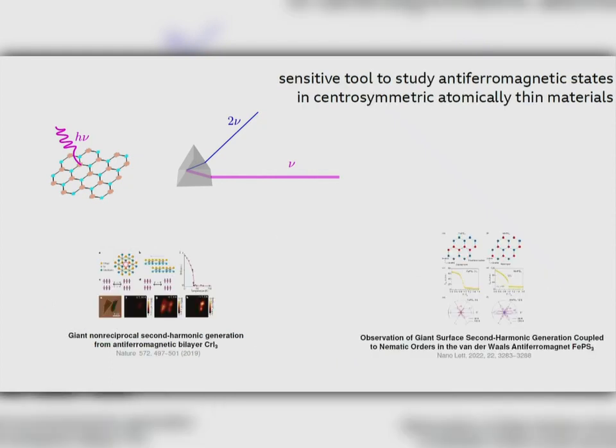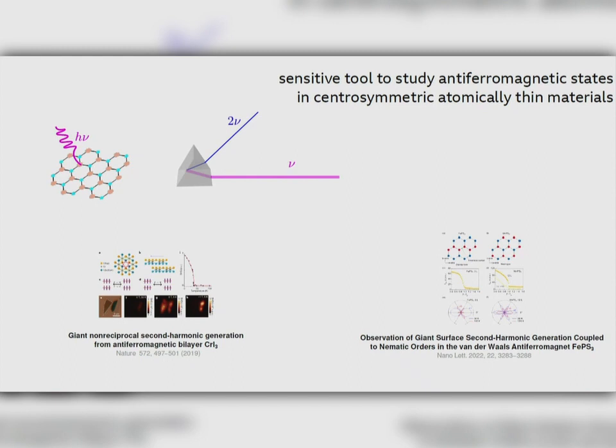Coming to the theme of this conference, nonlinear optics is also very sensitive to antiferromagnetic states, in particular second harmonic generation.